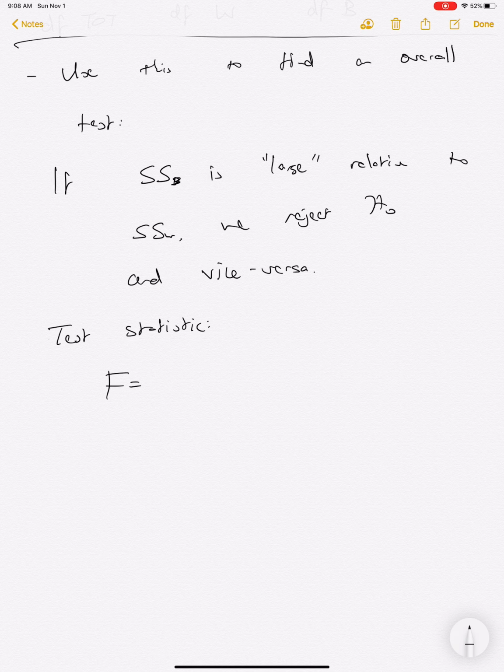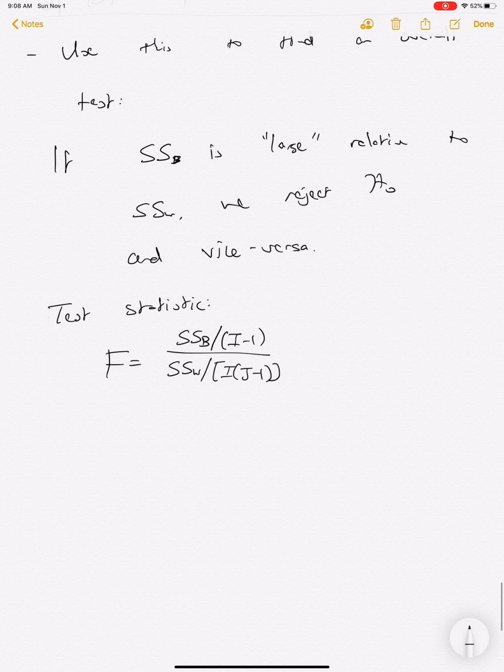If we look at the between, and then divide by the degrees of freedom, I minus 1, and then we look at the within group and divide by the degrees of freedom there, which is I times j minus 1, then under H naught, F should have a distribution that is the F distribution with I minus 1 and I times j minus 1 degrees of freedom.